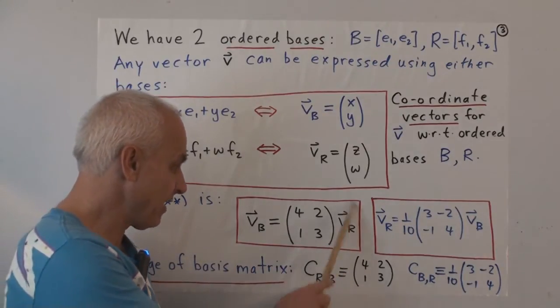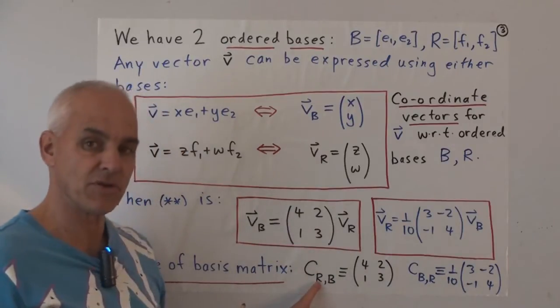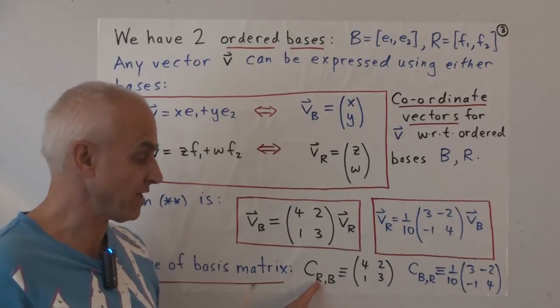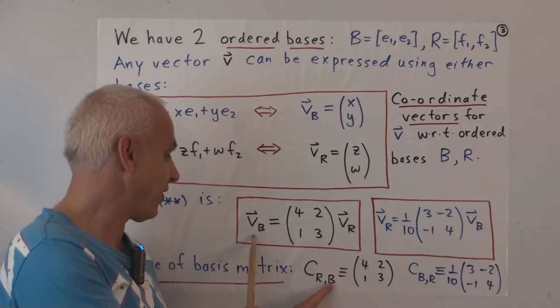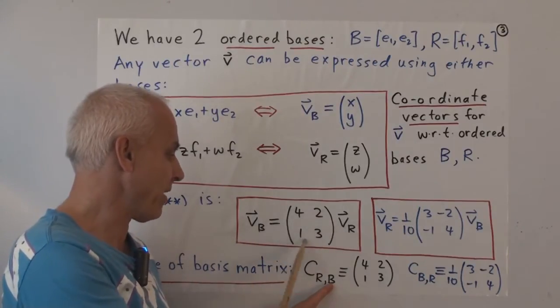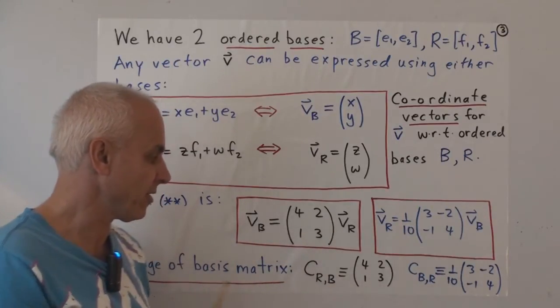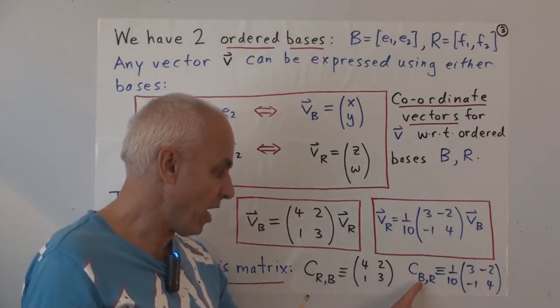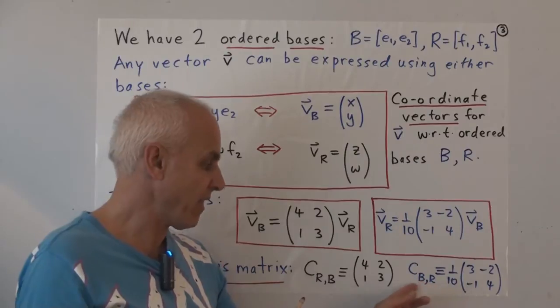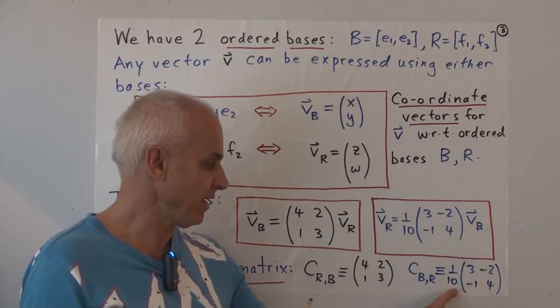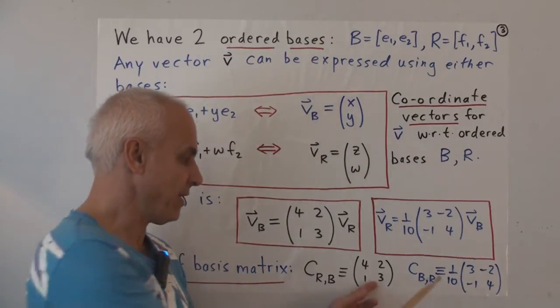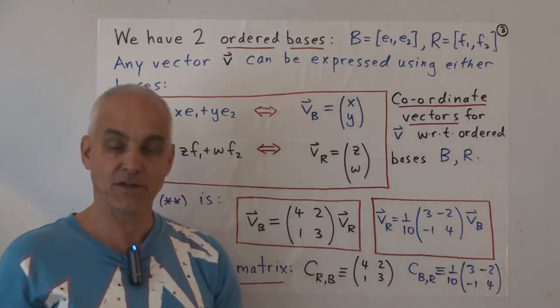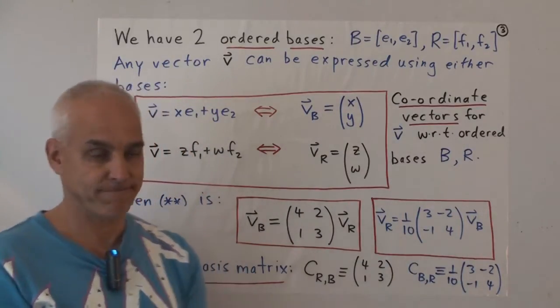In other words, given Rachel's coordinate vector for something, we get Bob's coordinate vector by multiplying by this matrix. There it is there. And the other way around, C_BR going from Bob's to Rachel's, that change of basis matrix is this one here. And these two change of basis matrices are inverse matrices.